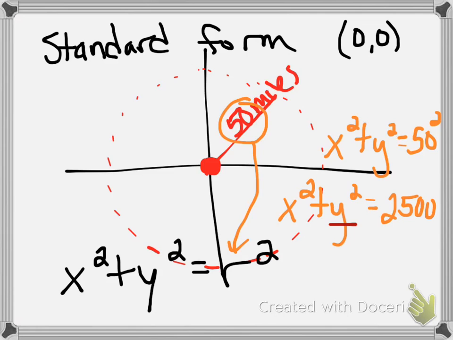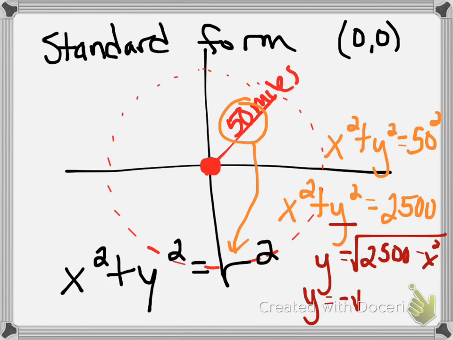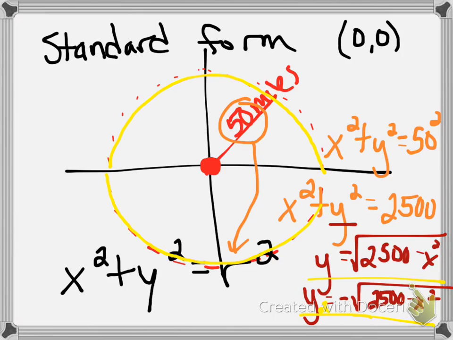So if you solved this one for y, you would get y equals the square root of 2500 minus x squared, and then you'd also get negative square root of 2500 minus x squared. The top equation is going to graph your top half of the circle because that's the positive part, and then the second equation you'd put in your y2, and that's going to graph the bottom half.